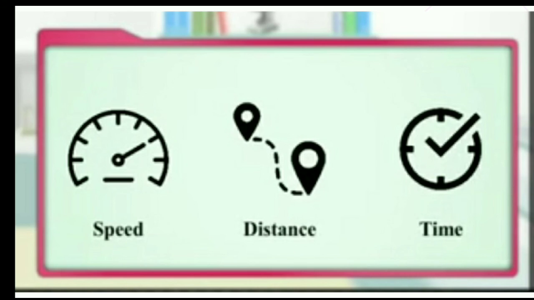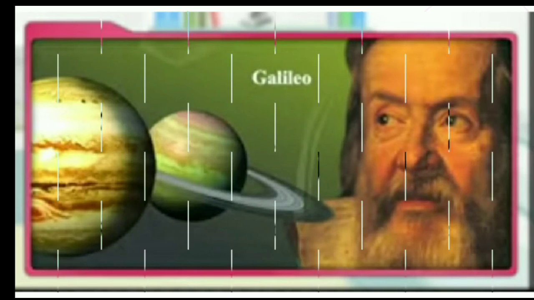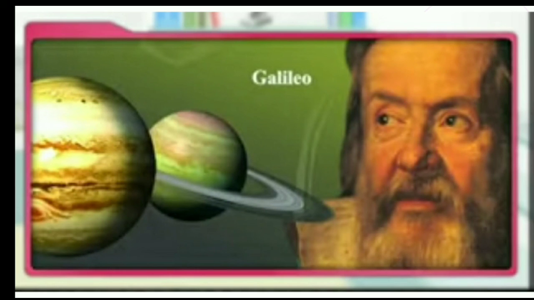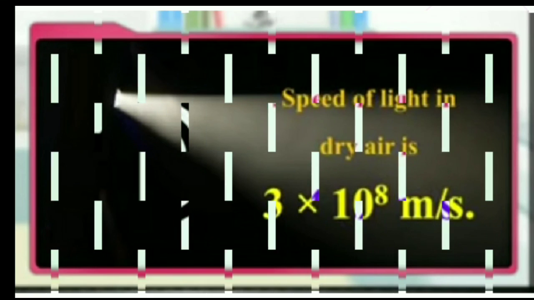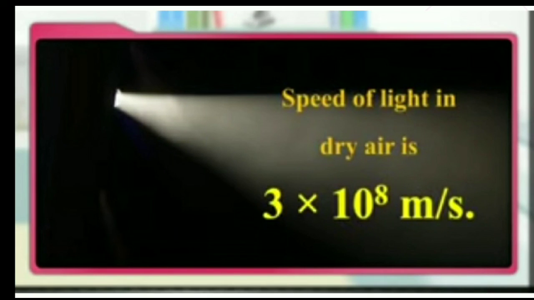Now children, the first scientist to measure speed as distance and time was Galileo. The speed of sound in dry air is 343.2 meters per second, and the speed of light in dry air is 3 into 10 raised to 8 meters per second.